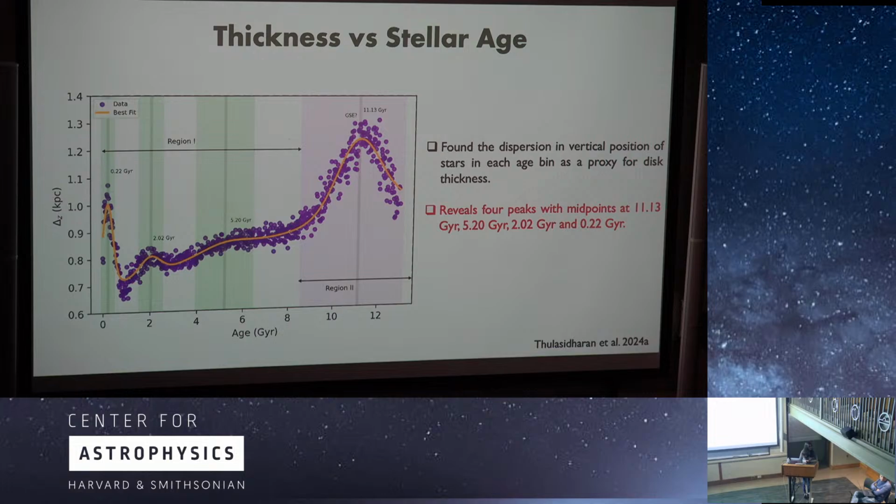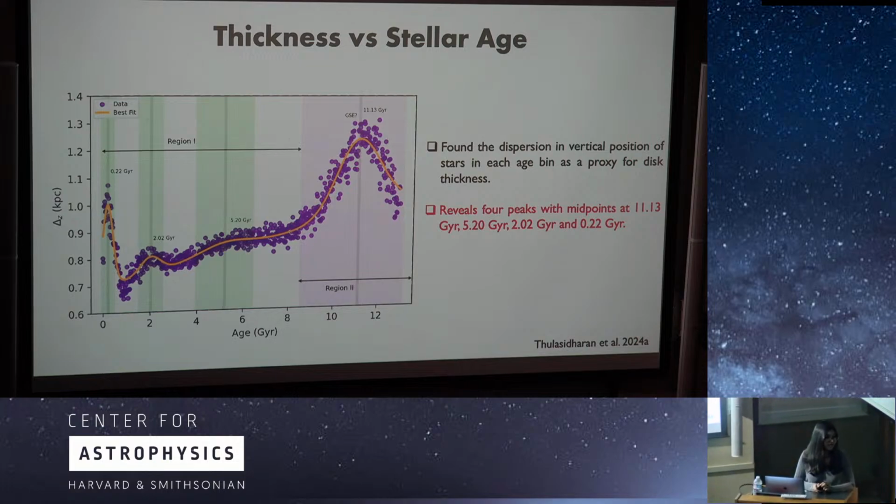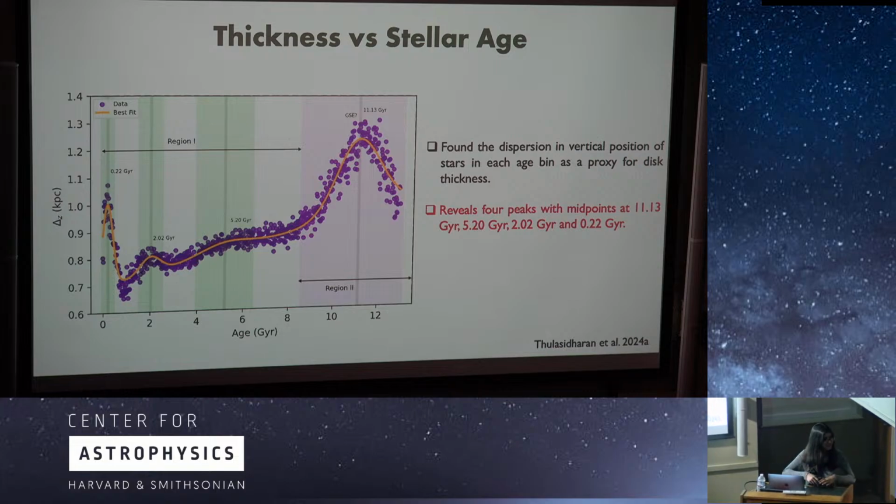Related to the size of these: the absolute size you're measuring here is about 1.4 kiloparsecs, whereas some of the simulated ones you were showing went up to 5 or 6. Is that just a selection effect of the observation? In the simulations we are taking all the stars, but we are not interested in the absolute magnitude. We are looking at the relative features, so that doesn't matter.